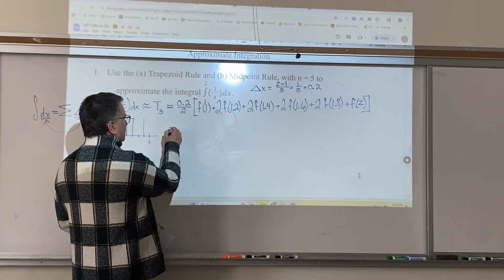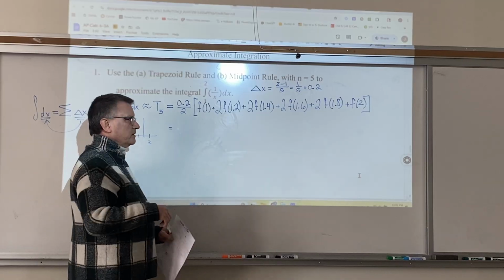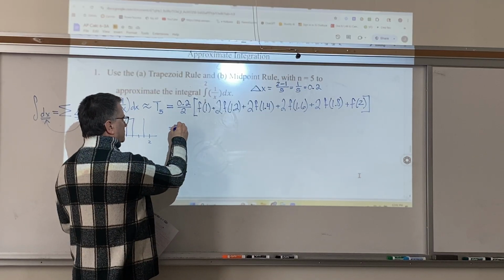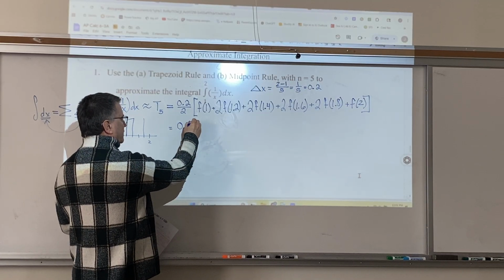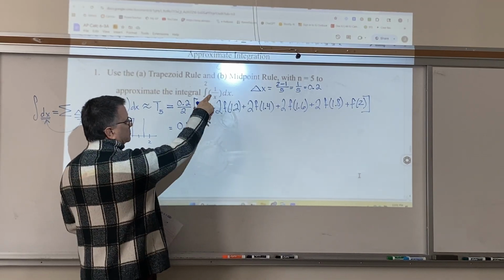Of course you can put all of this in your calculator, but just to show you, that gives me 0.1 outside. Then what was my function? 1 over x.